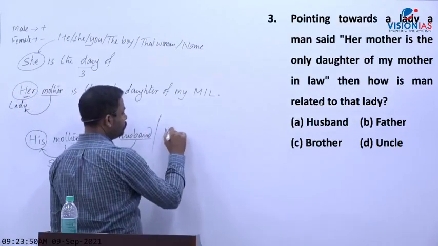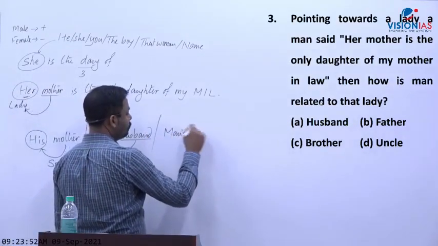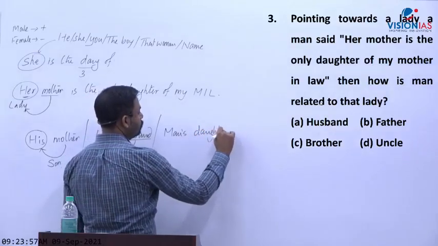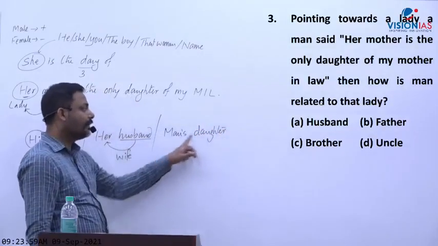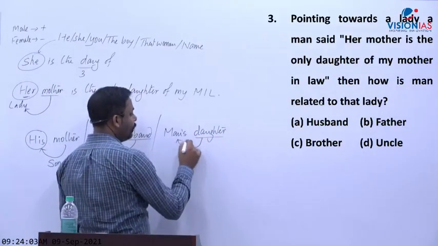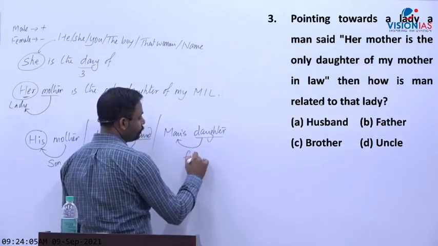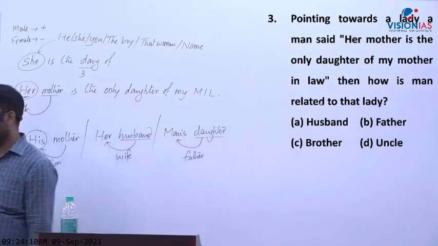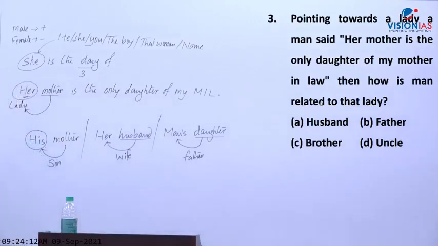Let's say man's daughter. So for man's daughter, this man will be father. So in this way, we can reverse a relationship. Are you getting my point?